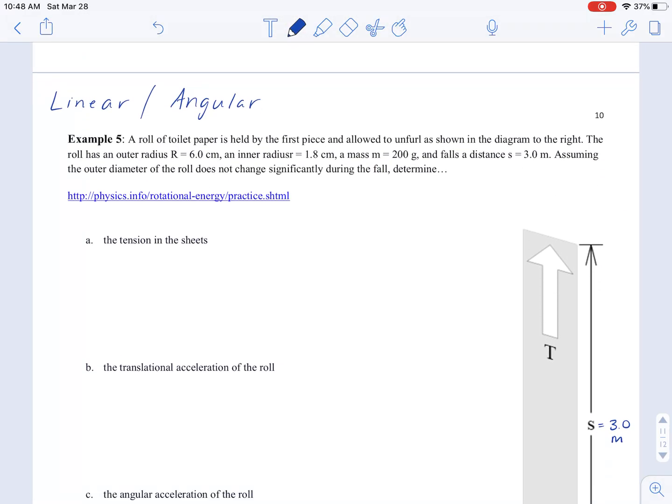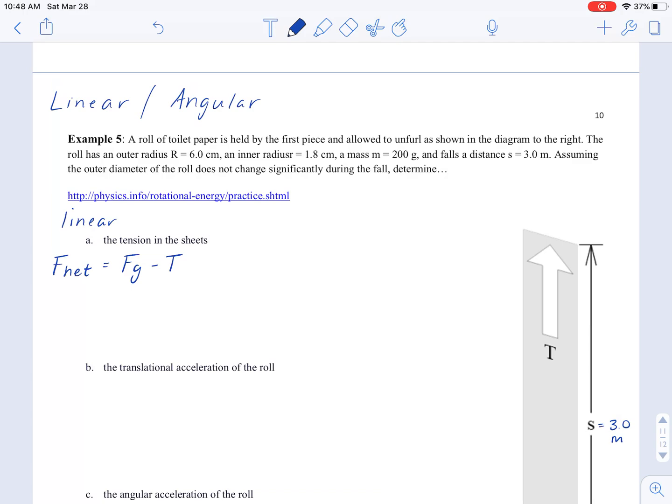The formula for the net force is going to be the larger force minus the smaller force. The larger force is Fg, and the smaller force is T.